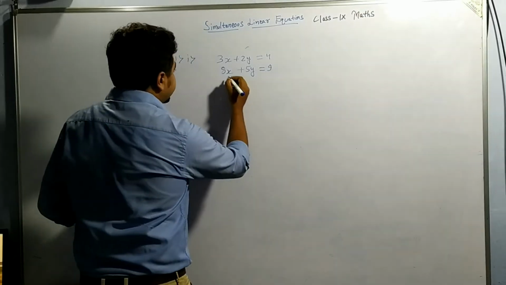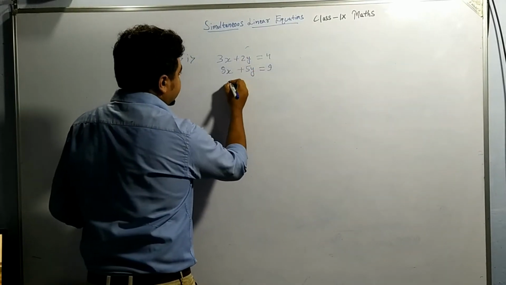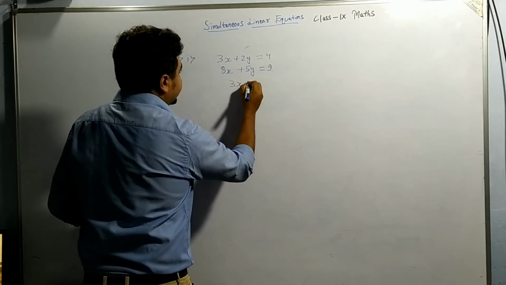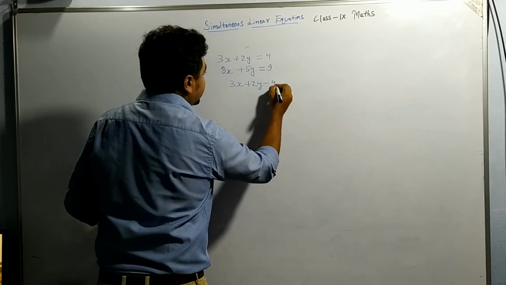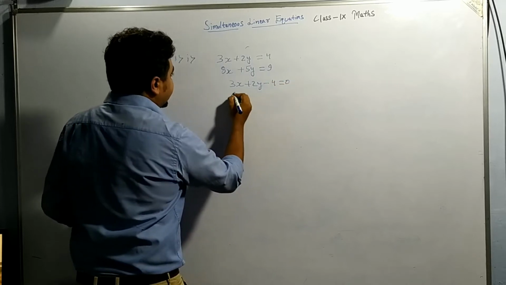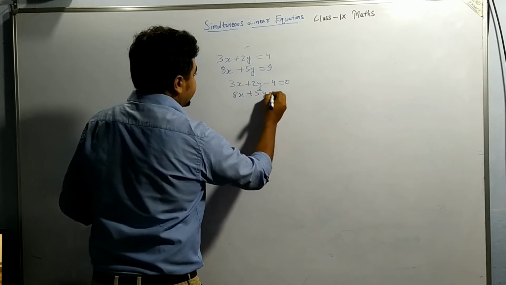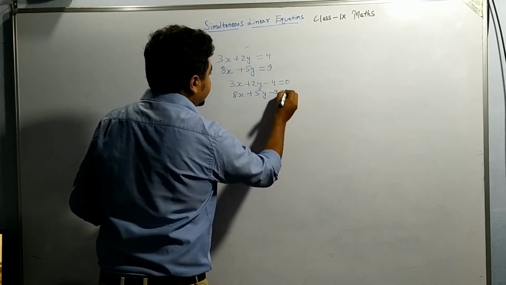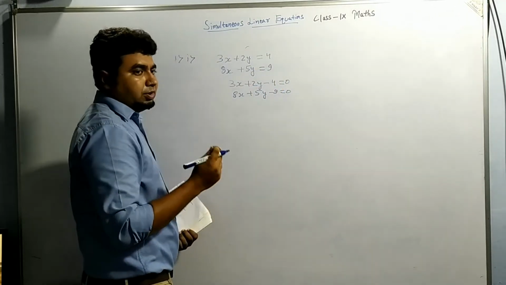In this method, I told you that I will start from here. First of all, take 3x plus 2y minus 4 equal to 0, and 8x plus 5y minus 9 equal to 0. I am taking the right side term, the constant term, to the left side.